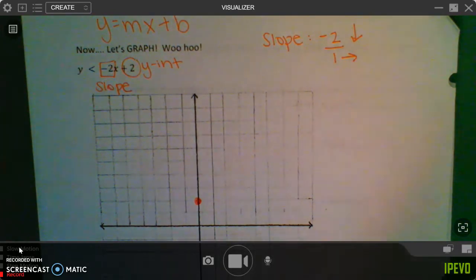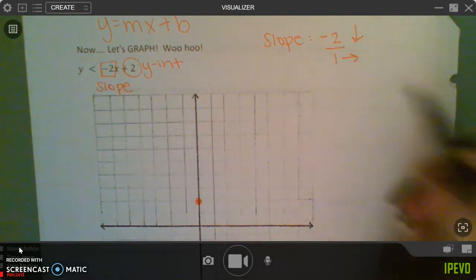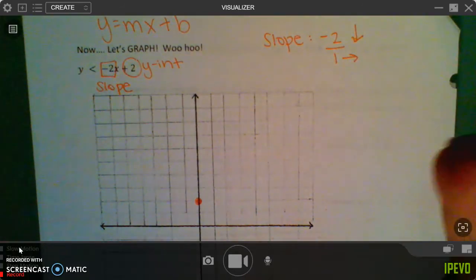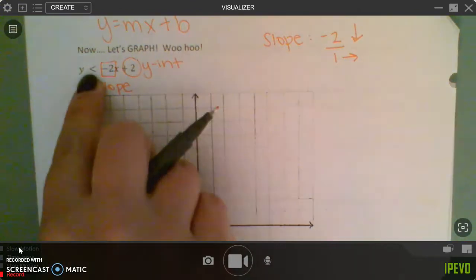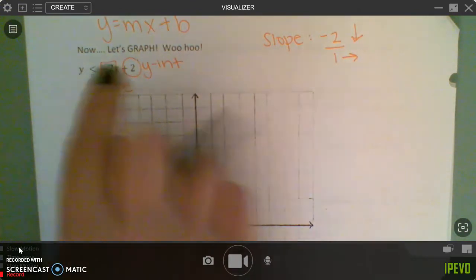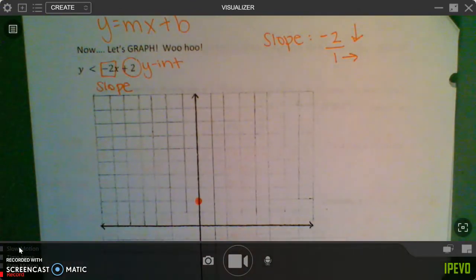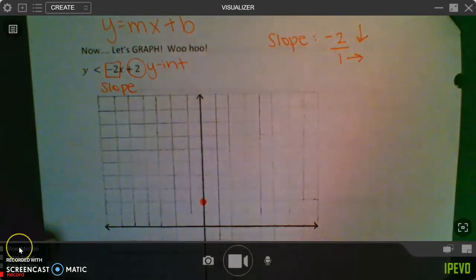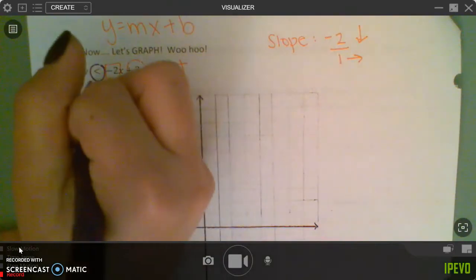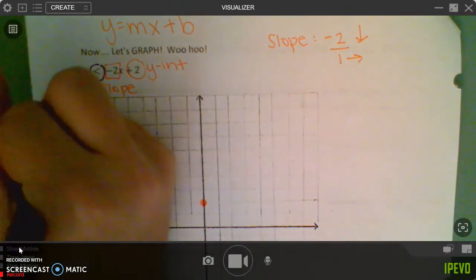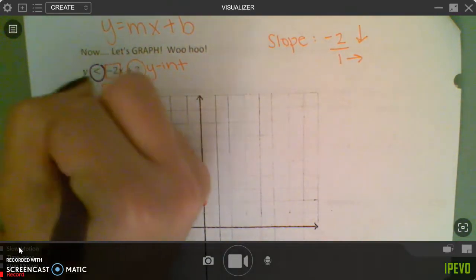So I need that and I need my slope, but also, because this is not just y equals, it has the inequality, I need to figure out if it's going to be solid or dashed. So based on my inequality symbol right here, this is going to be a dashed line.